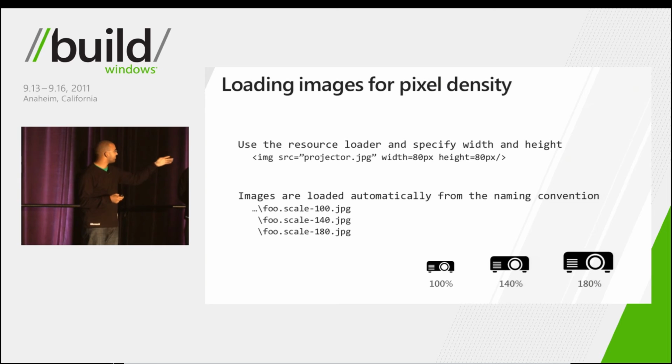Oh, actually, I have a typo here on the slide, but projector.scale-100 or projector.scale-140. And the idea is that Windows will choose the right image automatically without editing your code or your styles. Windows will just choose the right one automatically. So that's really good news.